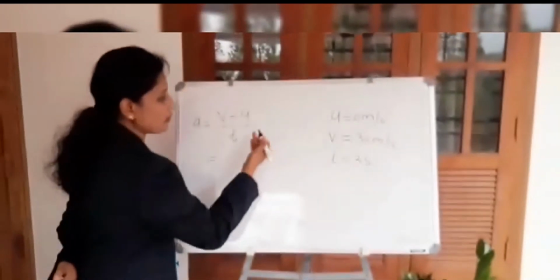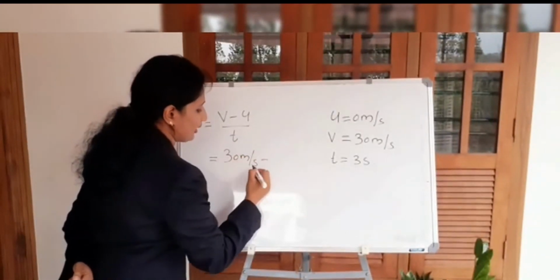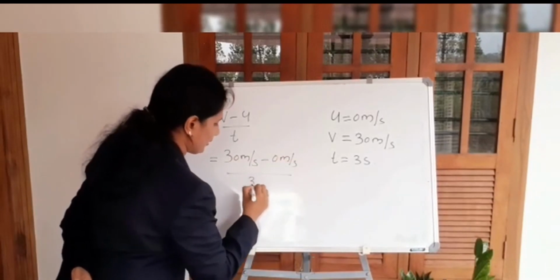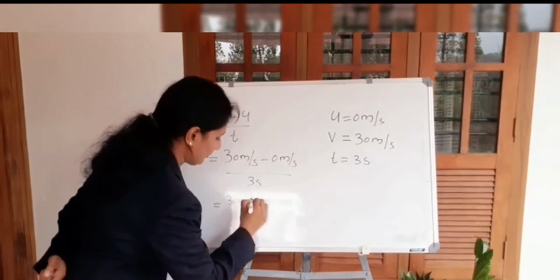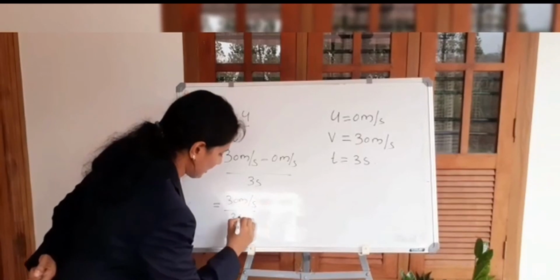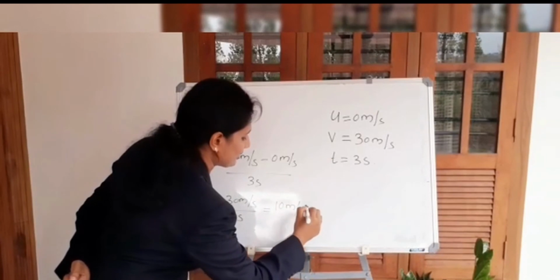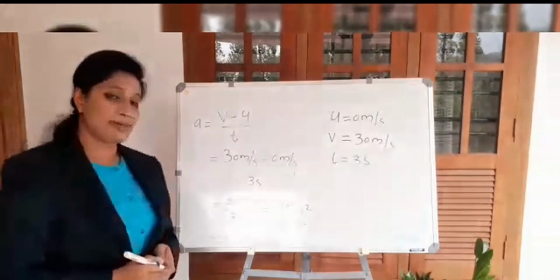Therefore, acceleration a is equal to v minus u divided by t, which is equal to 30 meter per second minus 0 meter per second divided by 3 seconds, which is equal to 30 meter per second divided by 3 seconds, which is equal to 10 meter per second square. Therefore, acceleration is equal to 10 meter per second square.